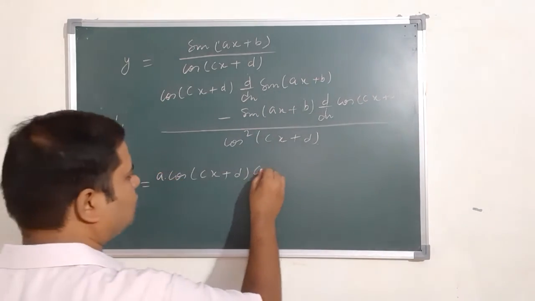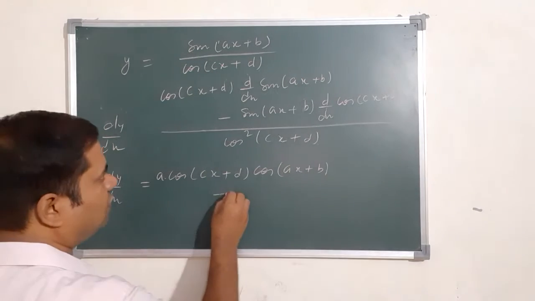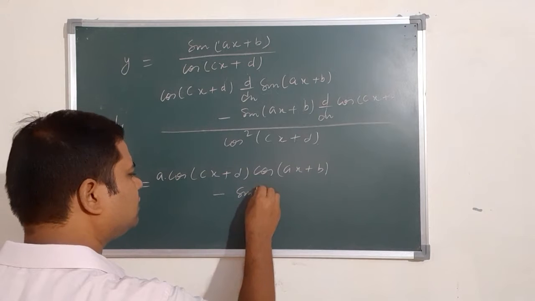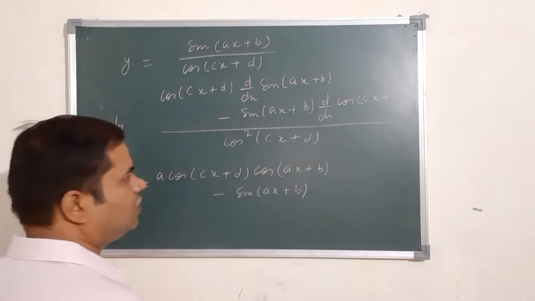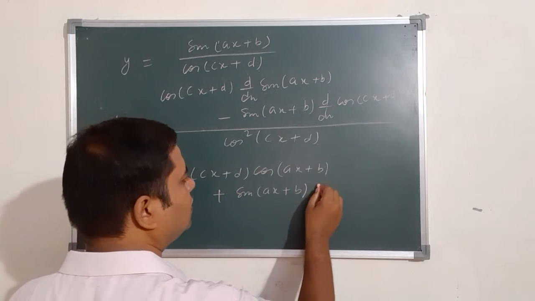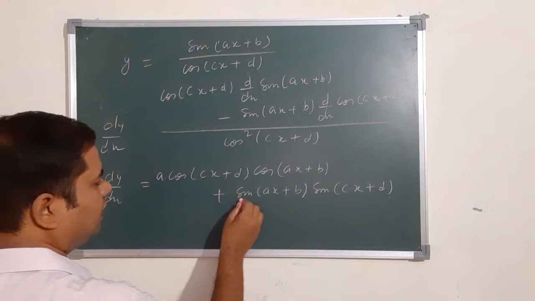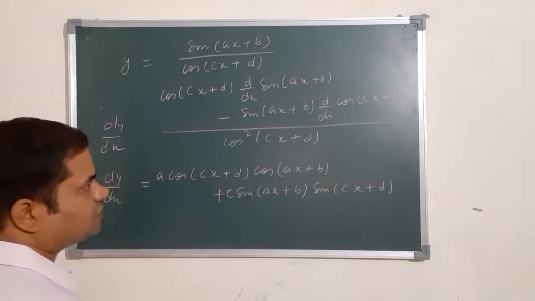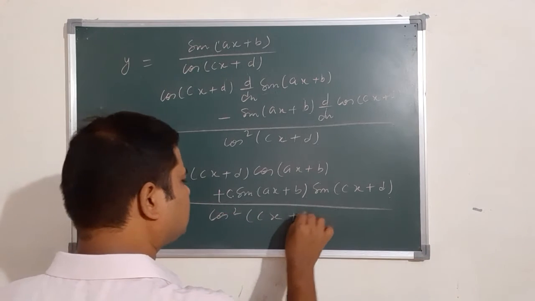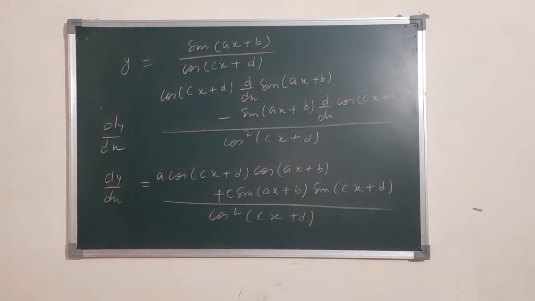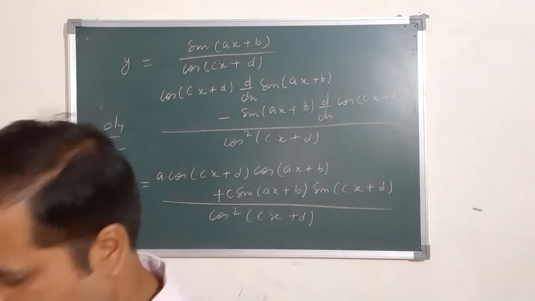Similarly, minus sine ax plus b, and d by dx of cos cx plus d, that means minus sine, this is positive sine cx plus d, and d by dx of cx plus d is c, and whole divided by cos square cx plus d.